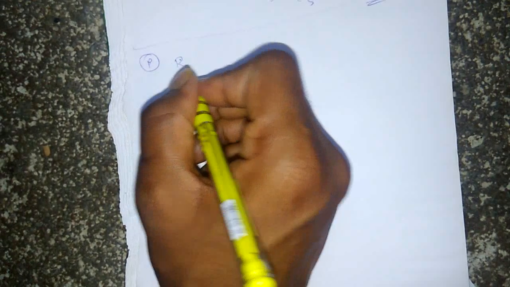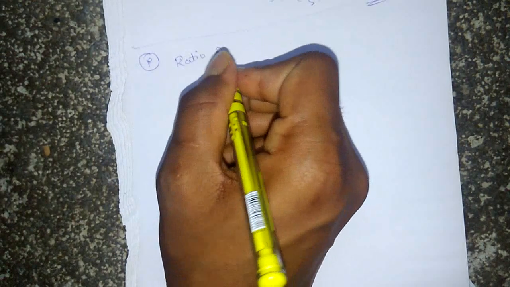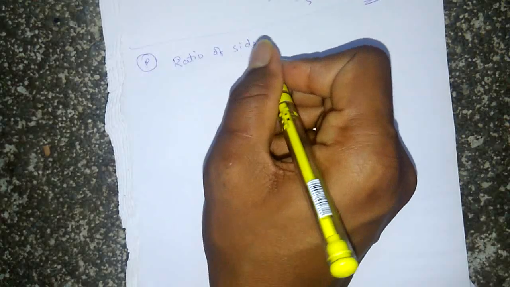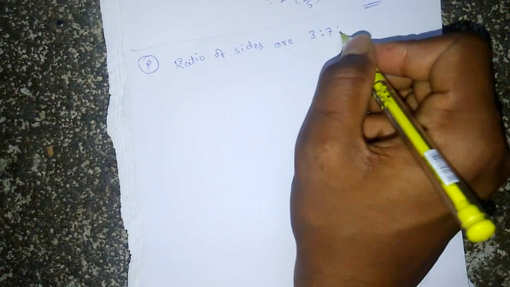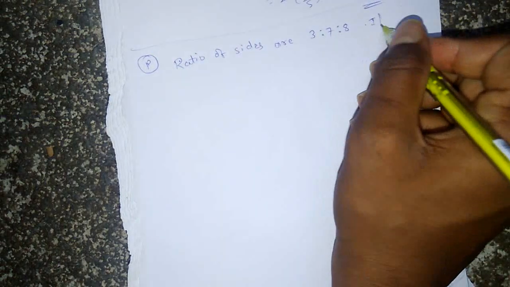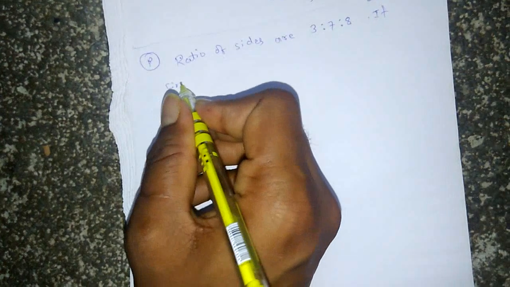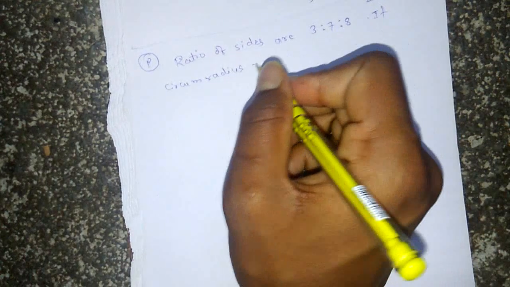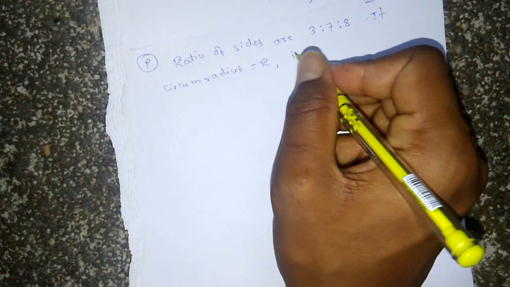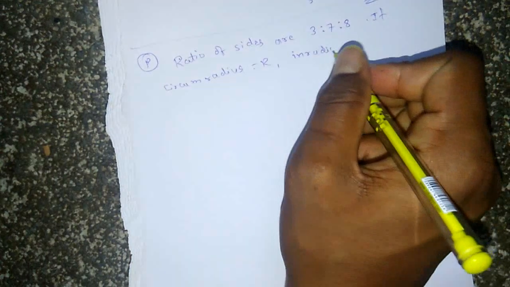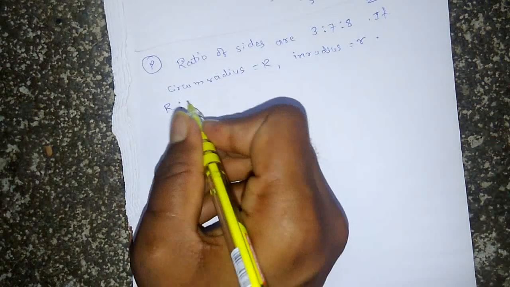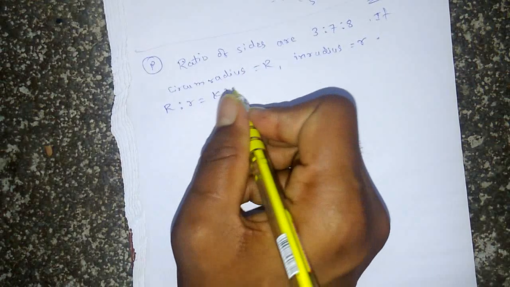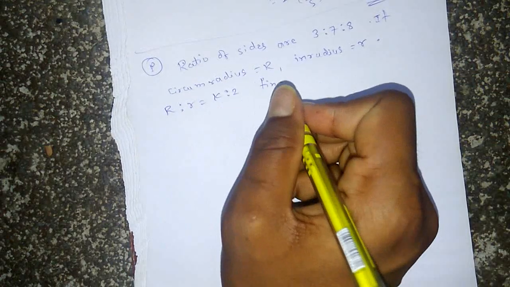Next problem: the ratio of sides is given as 3:7:8. If the circumradius is capital R, the inradius is small r, and R/r is given as k/2, then find k.